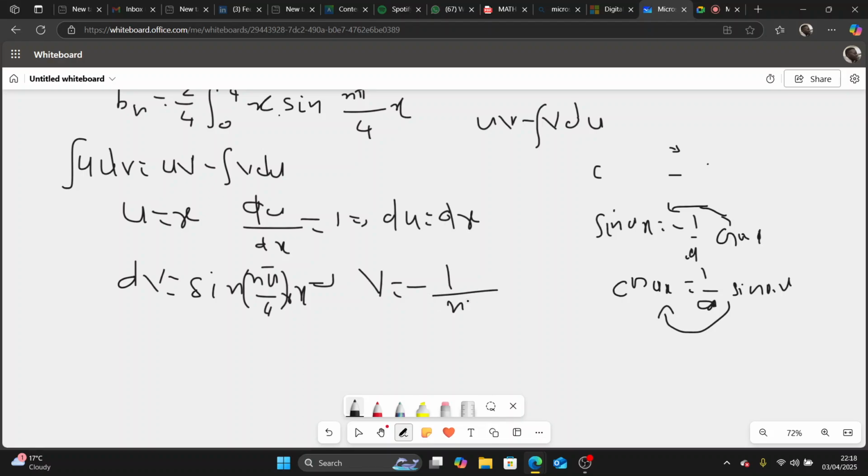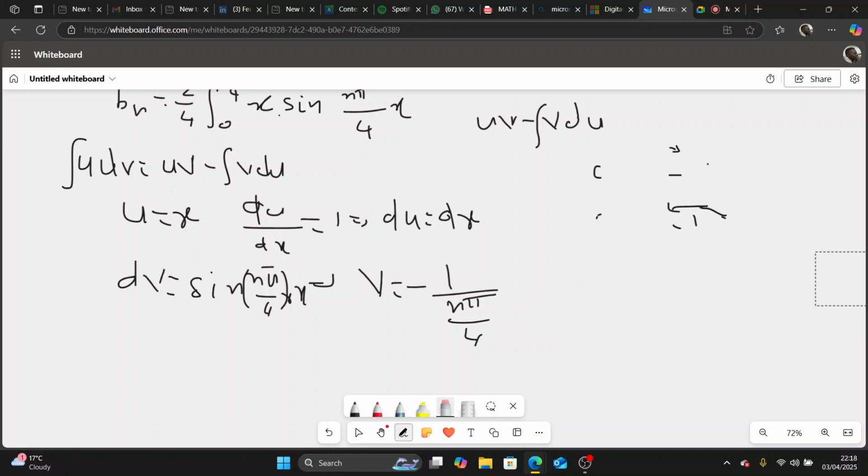It's going to be n pi over 4. I'm taking it step by step so that you can see what's happening. It's going to be n pi over 4 multiplied by what? Cos n pi over 4x.